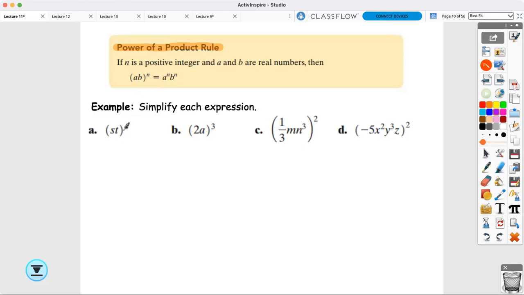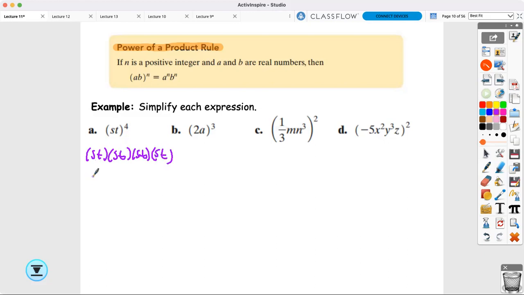So at that point, let's look at A. (st) to the fourth power. We know s and t are being multiplied. I'm going to show you the expanded form. (st) to the fourth power is st times st times st times st, 4 times, because that's what the exponent is saying.